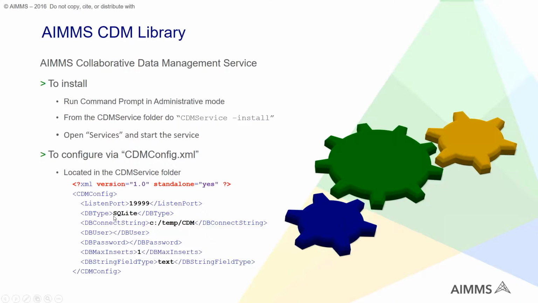We have a type of database, and as you can see, I'm currently using SQLite. And then we have a database connection string. This connection string has to lead to a temporary folder where we will store our temporary data changes. It is important that you make sure that this specific folder is available, because if it does not exist, the service will not work properly.